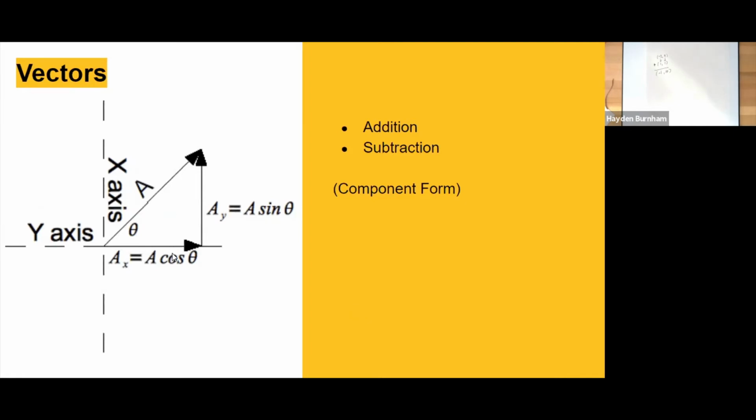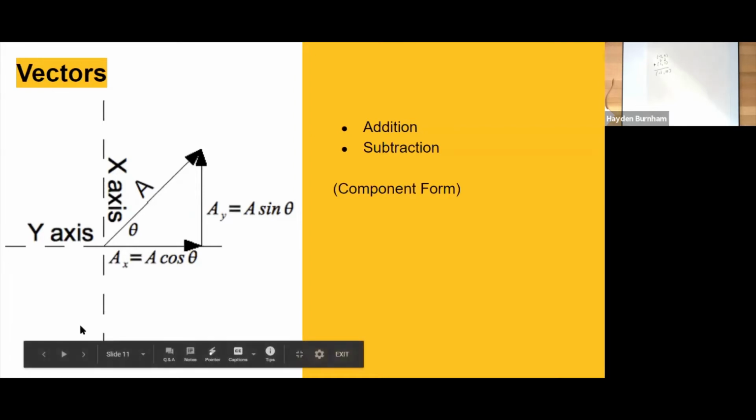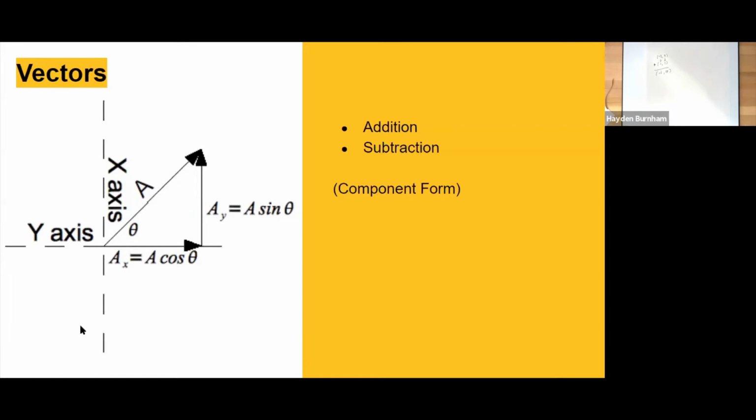The angle is usually, not always, but most of the time, traditionally, measured from the positive x axis going upwards. So if it's 30 degrees, it's going to be 30 degrees above the positive x. If it's 270 degrees, it would wrap all the way down and be in the negative y direction.